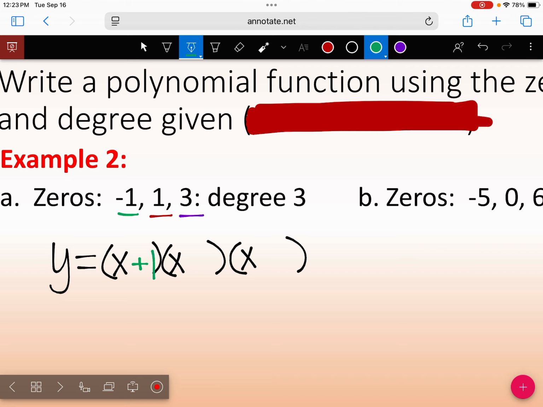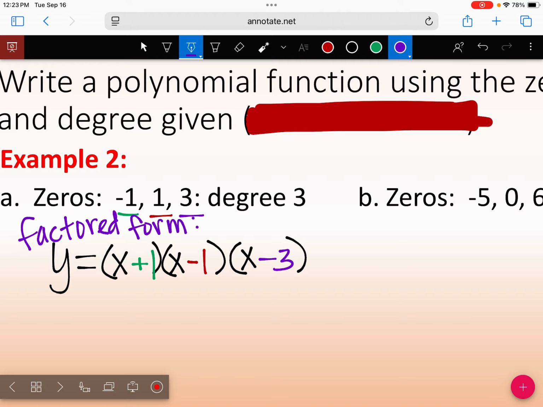So for me to get x equals +1, what do you think my factor is going to be? X minus 1. Good. And for me to get x equals +3, what do you think the factor is going to be? X minus 3. So this would be factor form. If I asked you to write it in factor form, you would be done. That's my answer. But in standard form, we have to multiply.